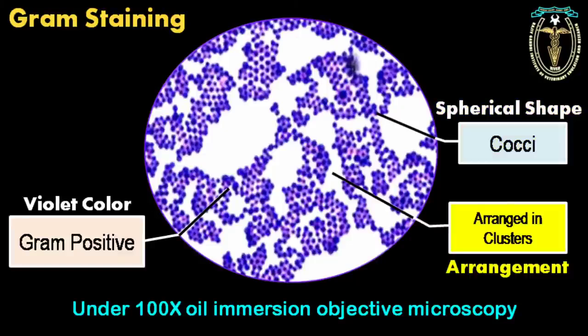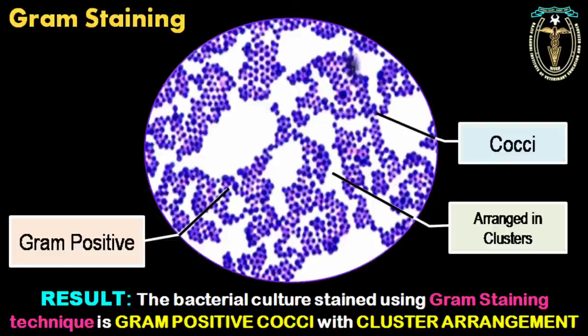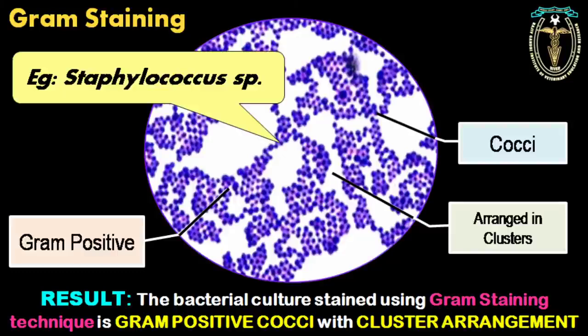Next, the arrangement. They are arranged in clusters here. So, the result is written as: the bacterial culture stained using the Gram staining technique is gram-positive cocci with cluster arrangement. The example of bacteria is the Staphylococcus species, which possesses this type of microscopic character.